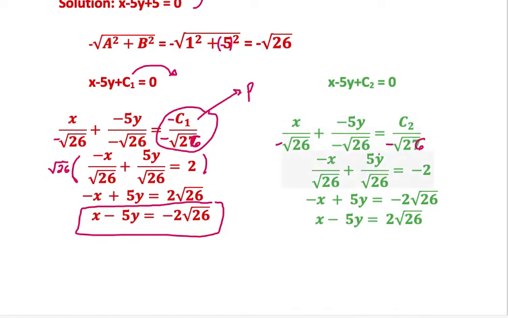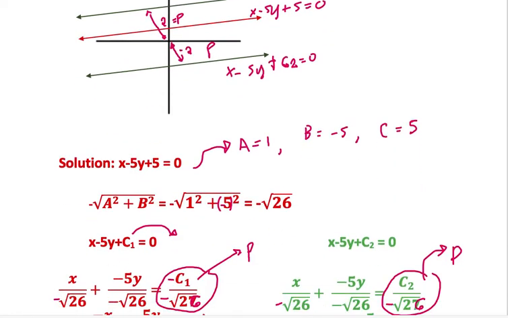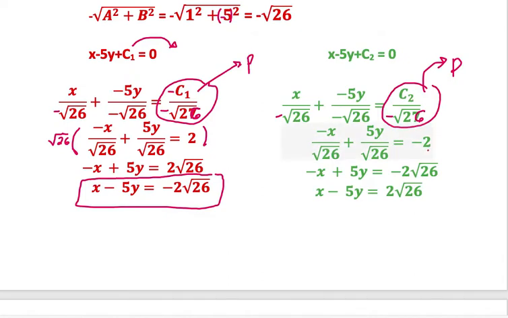So, same process kanina. Simplify natin. Negative divided by negative, so that will become positive. And take note that this is our P, which is equivalent to negative 2. Yan. So, let us change it to negative 2.